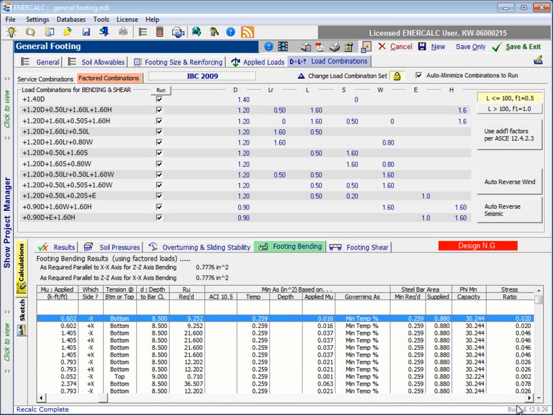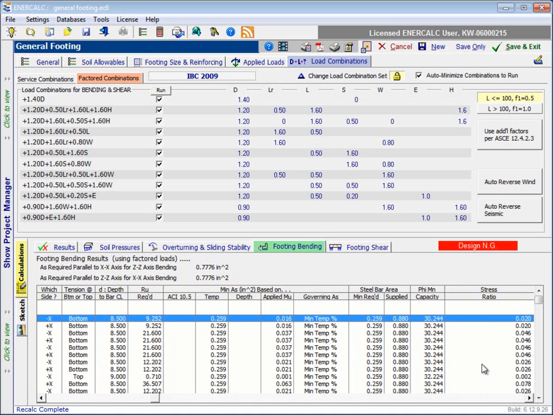So that's a quick check to see how we compare to what's required. We calculate and report phi-Mn, the moment capacity, about the selected axis. And then last, we report a stress ratio so we can compare Mu to phi-Mn and see how we fare against that.